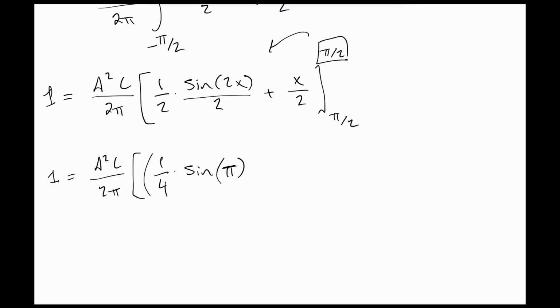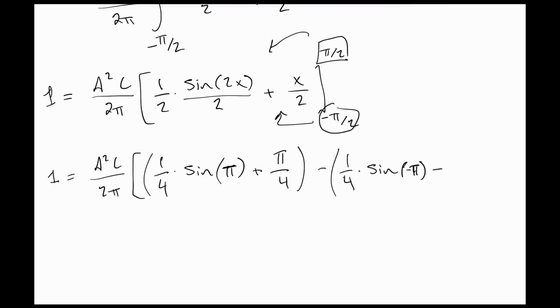Because the 2 cancels with the other 2. So we got plus here, I think we got pi over 2, so we got plus pi over 4, right? Boom, minus, and now I subtract and plug this everywhere in the x. So I have 1 over 4 times sine of negative pi in this case, negative pi.